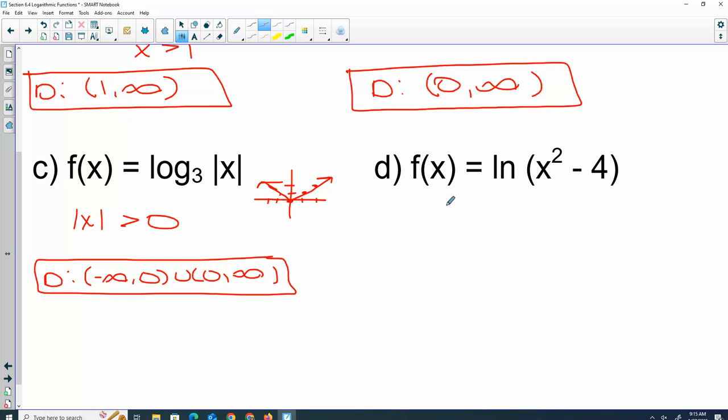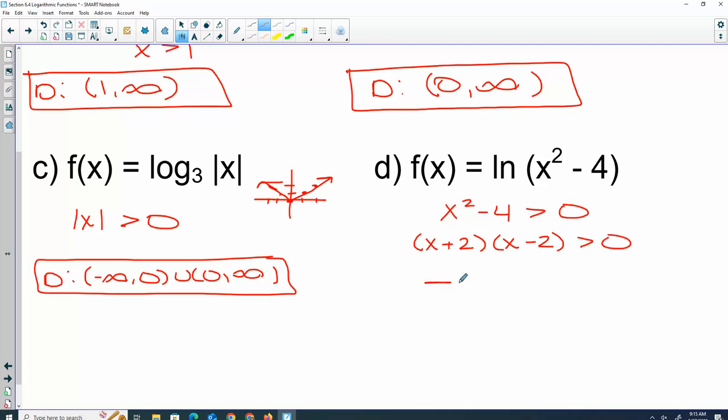Alright, D. X squared minus 4 has to be greater than 0. So we can do this one a couple different ways. We talked about quadratic inequalities. Remember we made sign lines for those? So I'd throw in some problems that would make us think back. You could also look at a graph on that, so that's completely up to you. X squared minus 4 would factor into (x plus 2)(x minus 2).